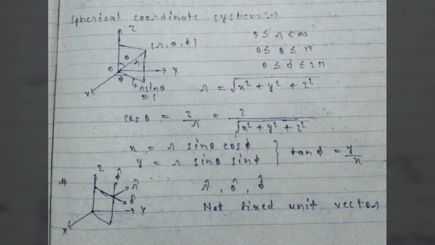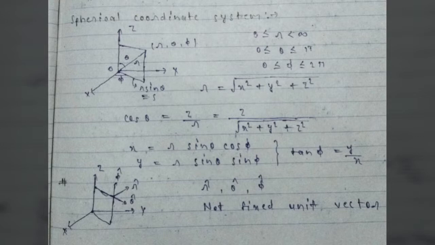How about the unit vectors? So I am going to have unit vectors in direction r, like this, in direction theta, which is going to be in this plane containing the point and the z axis, perpendicular to r, like this.